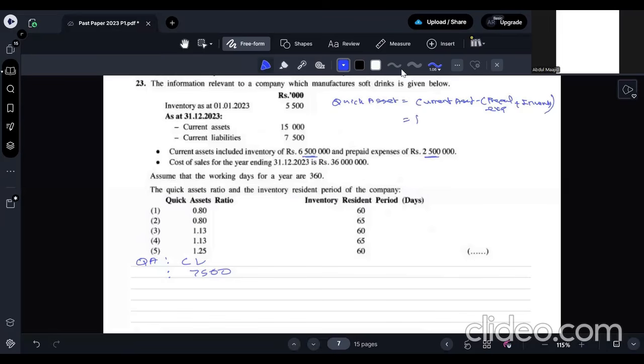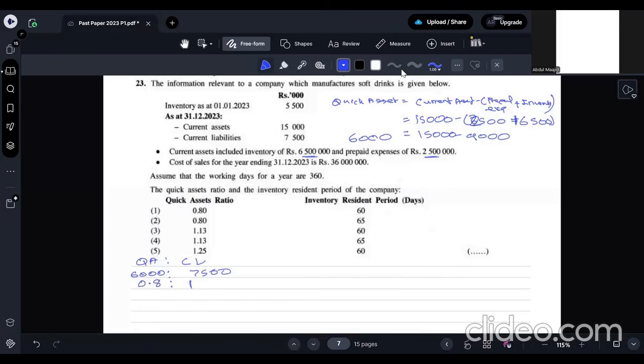Current asset is given as 15,000. Prepaid expense is 2,500. Closing stock is 6,500. Then your current asset will be 15,000 minus 9,000, that is 6,000. Then quick asset is 6,000. Then your quick asset ratio will be 6,000 divided by 7,500, 0.8 to 1.